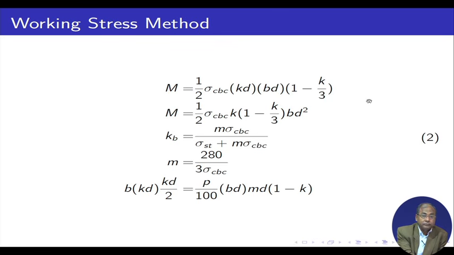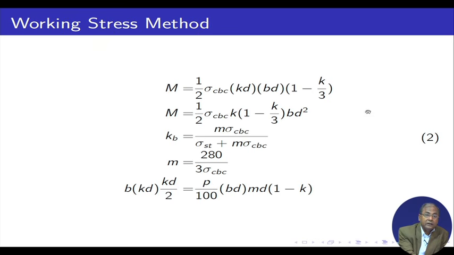Further, we can elaborate this equation like this: M equal to half. Where is this sigma CBC coming from? Sigma CBC is coming from the permissible stress in bending. Here we are talking about bending compression.